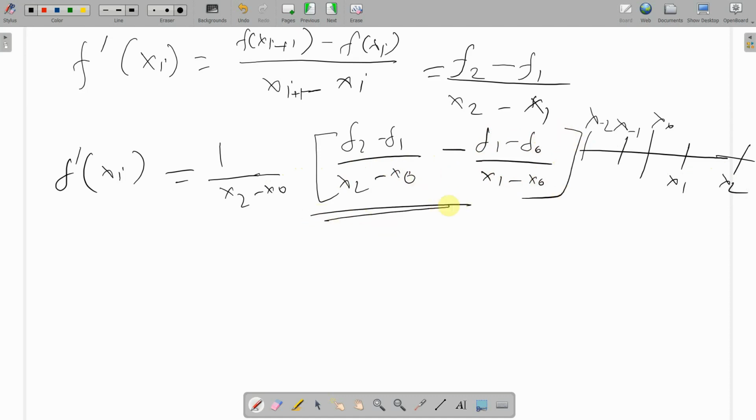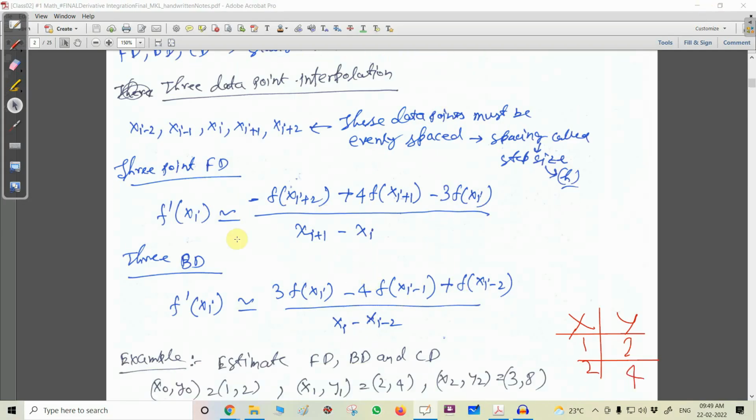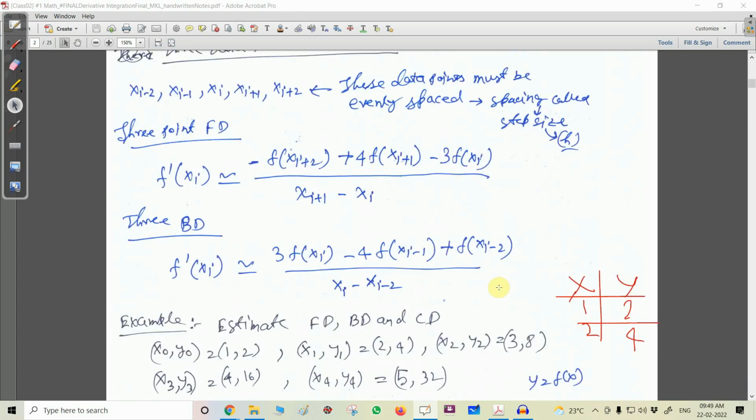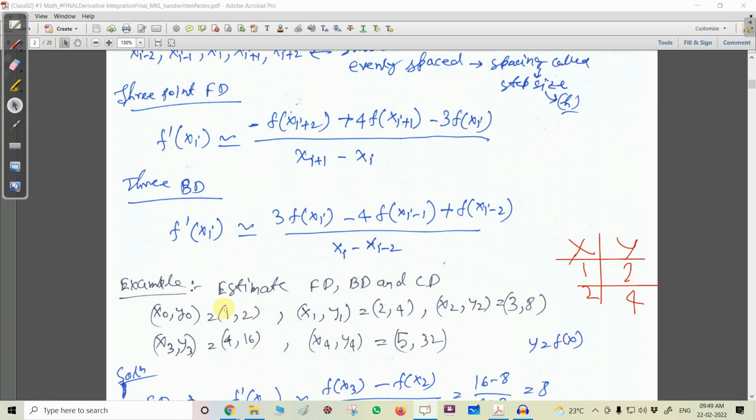Remember, x0 is xi minus 2, this is xi minus 1, this is x1, this is x2. From this derivation, if you simplify that equation, you will have that formula. Now for the 3-point backward difference, this is the formula. Write this down. Then we'll be solving one problem.